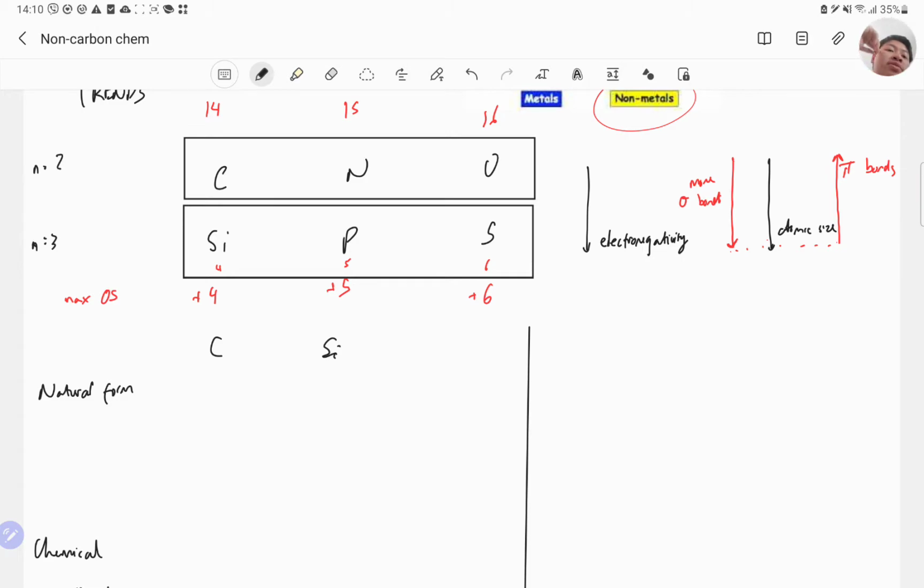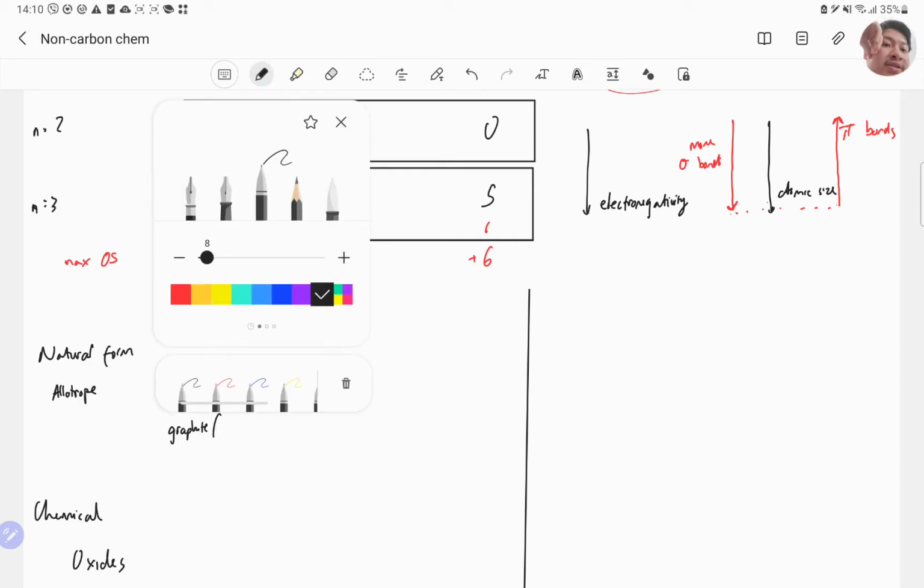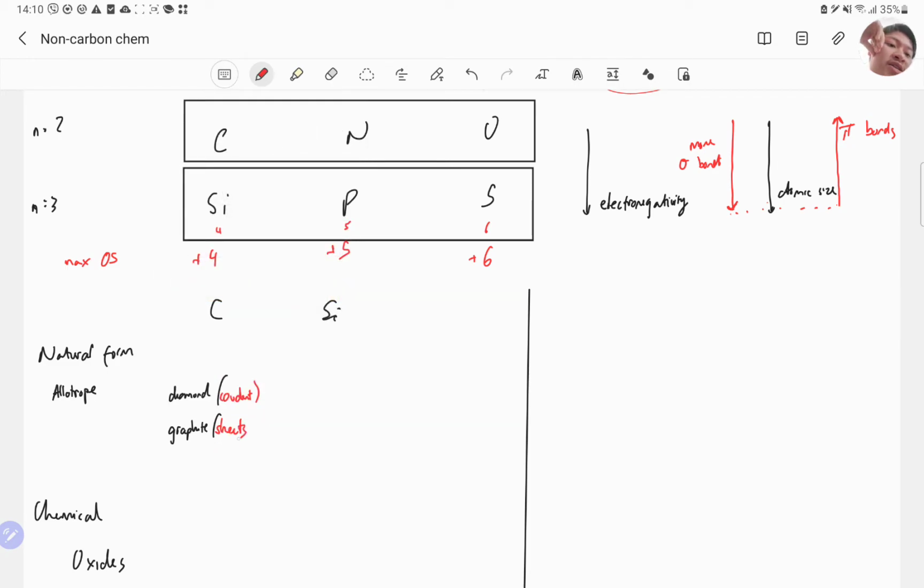The natural form for C: I think carbon has 3 allotropes. In terms of allotropes, you have diamond, which is a covalent network of carbon. We have graphite, which is parallel sheets of carbon lying on top of each other.